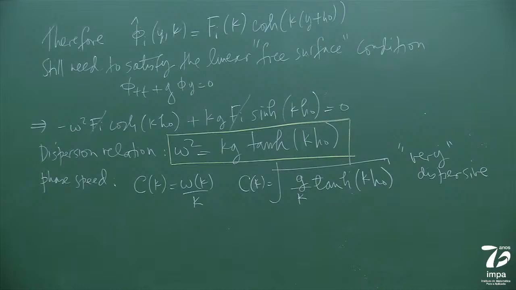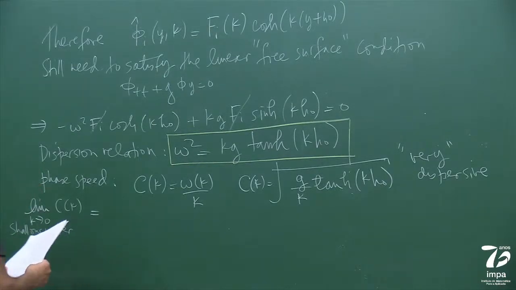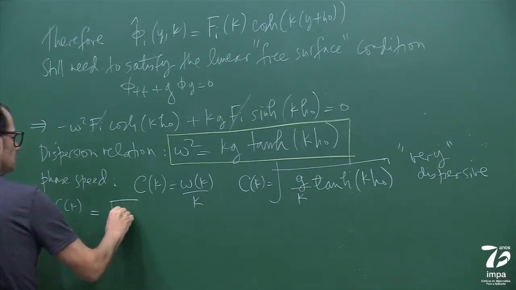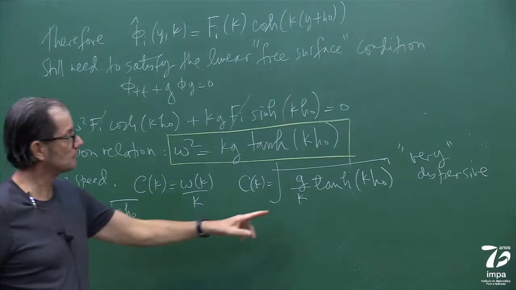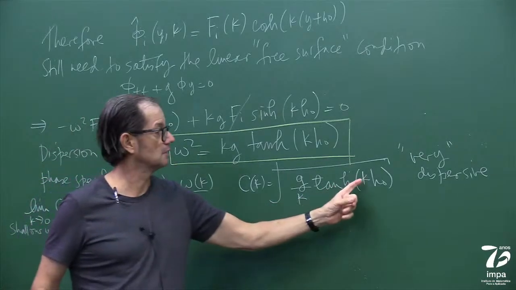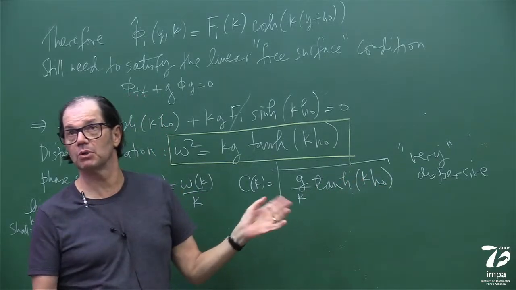So if we do, for example, the limit, I mentioned this last time very quickly, the limit k equals 0, which is the shallow water limit, we get that this is the square root of g h0. Because as k goes to 0, this is just k h0. K cancels with k, boom, right?